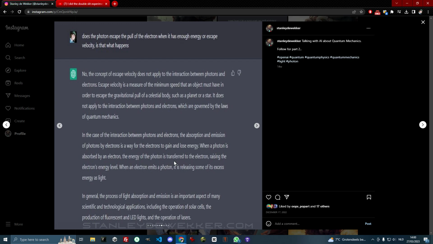Other photons move in and hit those photons, and they start moving faster, and because the photons are moving faster, the electron core is also getting pulled more. So the electron as a whole, with all the photons moving around it, is moving more and more.